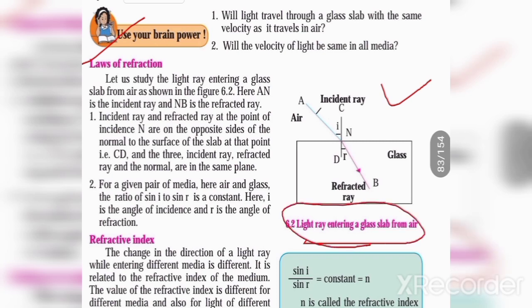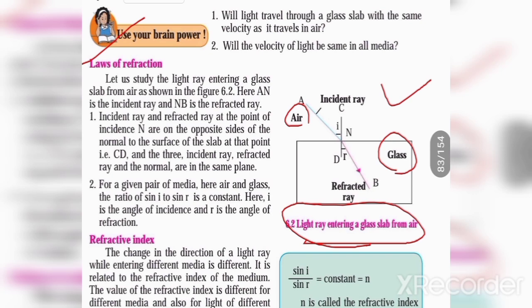Let us study the light ray entering a glass slab from air as shown in the figure. The first is the air medium, and the second is the glass. Here AN is the incident ray, the entering ray, which is called the incident ray.